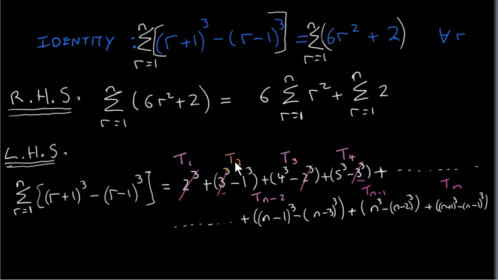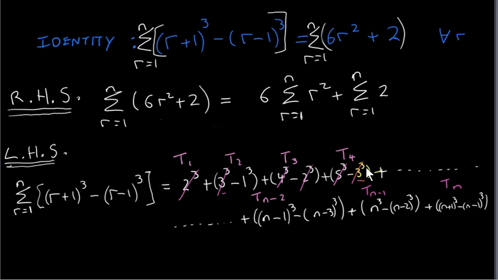So the first part of T2 cancels with the second part of T4. Similarly, the first part of T3 will cancel with the second part of T5, which I haven't written down. The second part of T5 will be minus 4 cubed. The first part of T4 will cancel with the second part of T6, which I haven't written down.